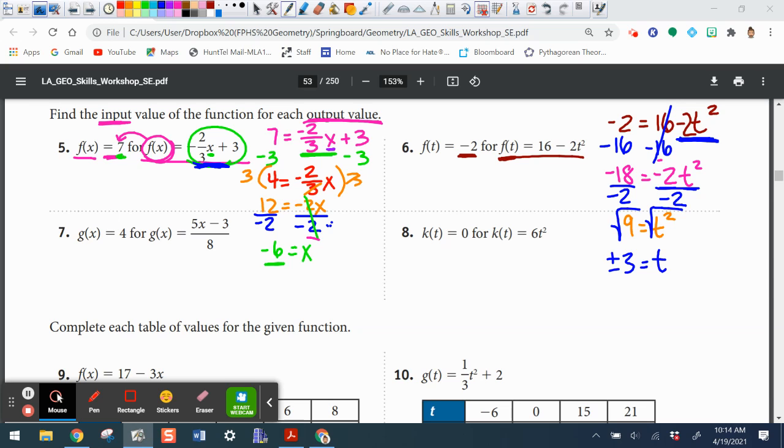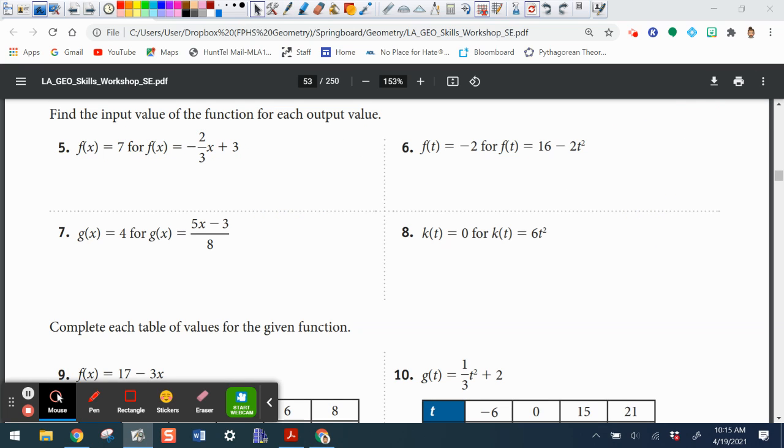Reason being is a positive 3 squared is 9, and a negative 3 squared is also 9. So truth be told, on item 6, t can equal 3 or t can equal negative 3. If you plug in either of these input values to this function, you'll get that same output value. So something pretty interesting happening there.